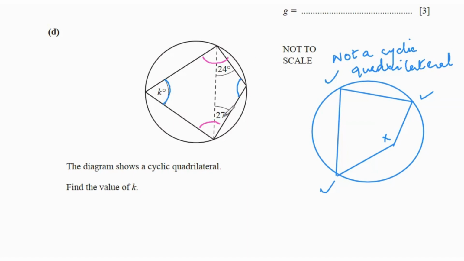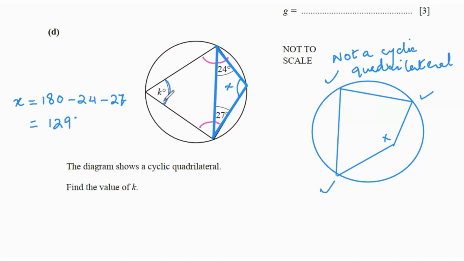Over here, they've given us angle 24 and 27. And we can see that this, if we highlight it, is making a triangle inside this quadrilateral. So using this triangle, we can find the angle at the top, which I'm going to call X. X is going to be 180 minus 24 minus 27, which equals 129 degrees.